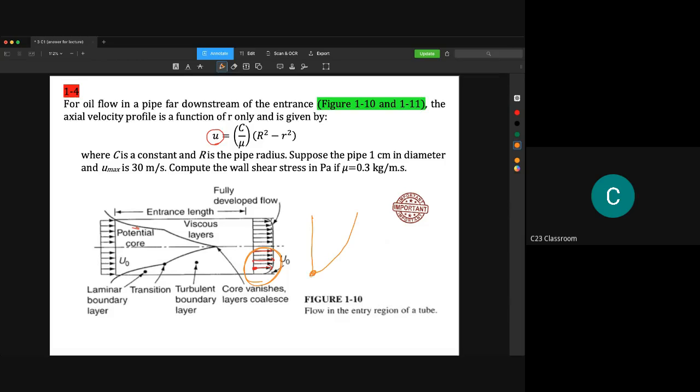So it is a no slip condition where the velocity is 0, and then the velocity increases and increases until it reaches its maximum value. So the velocity for each location here is represented as small u. And the average velocity is always shown as capital U.